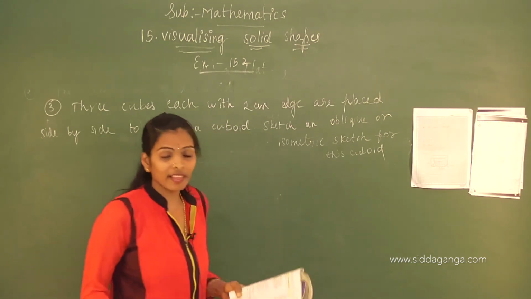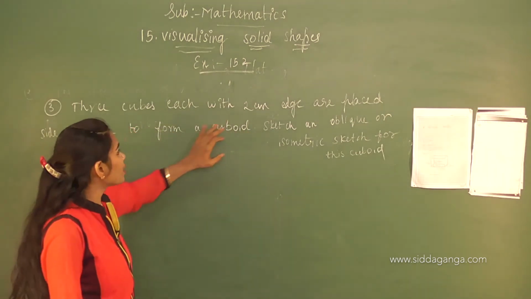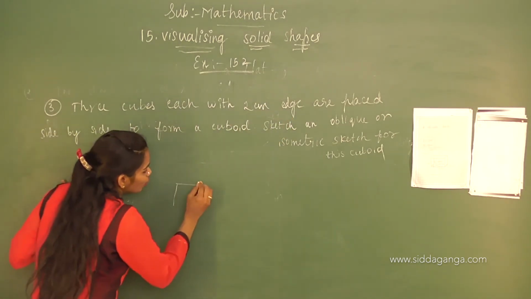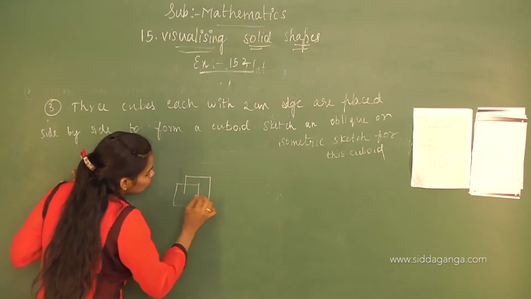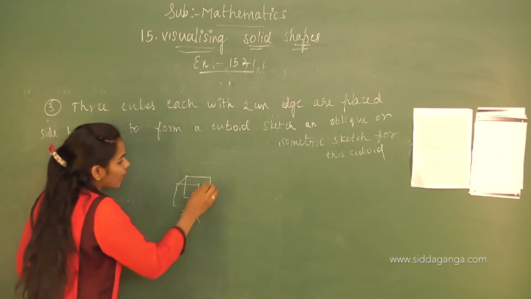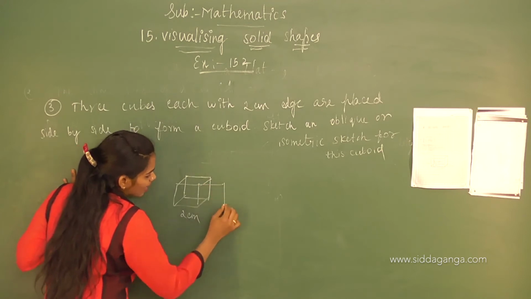Here what they are telling, they have three cubes of 2 centimeters edges placed side by side. One cube is there, three cubes are there with 2 centimeters edge.